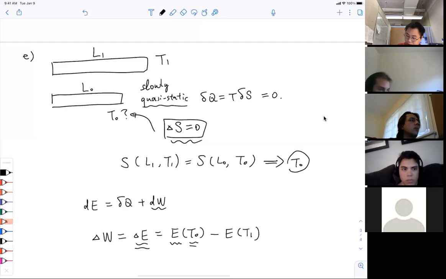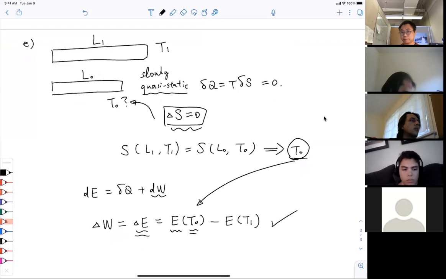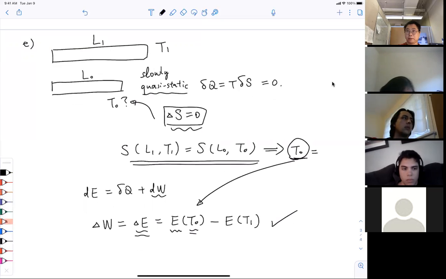We also know T0, so we just plug in to figure out this work. That's the logic to solve this problem. It's just algebraic equations, and you can solve it very easily.